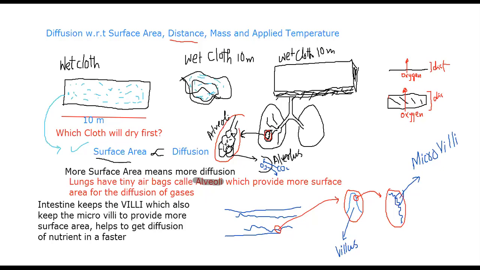Okay, and last but not least, these two different topics that you have also studied, the mass and applied temperature. Let's suppose you are covering 10 kilometers in 1 minute. If I put 50 kilograms of mass on you, what will happen? You will not cover the same distance in the same minutes.